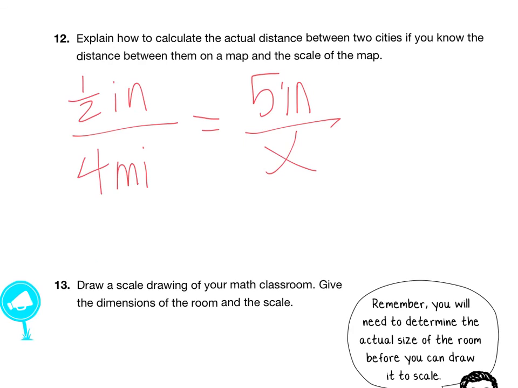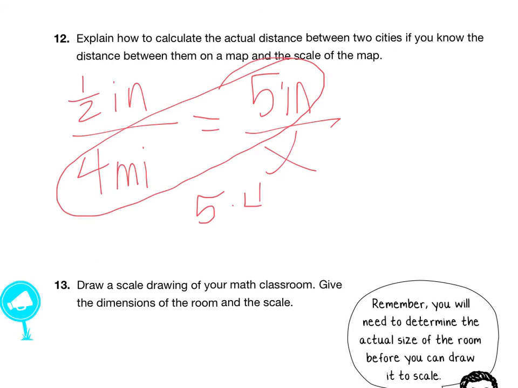How do we solve it? Well, we multiply 5 times 4, and that equals 1/2 times x. 5 times 4 is 20, equals 1/2 x. So, how do we solve for x? Well, we divide by 1/2. Yes, for those of you who like it, it is 0.5.